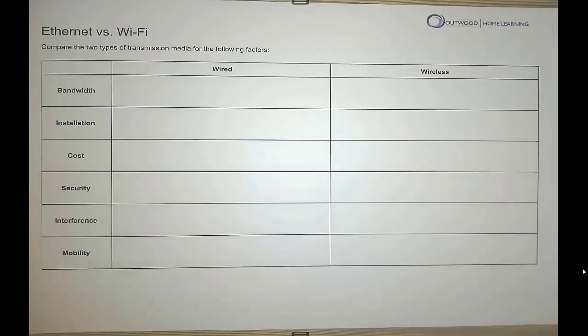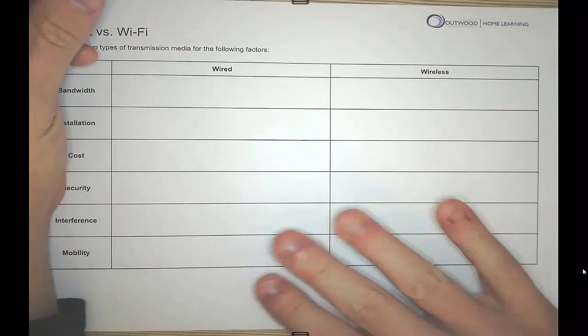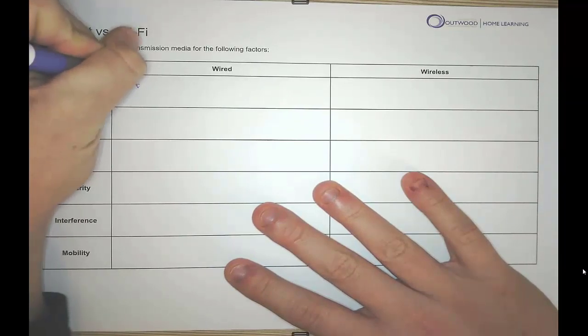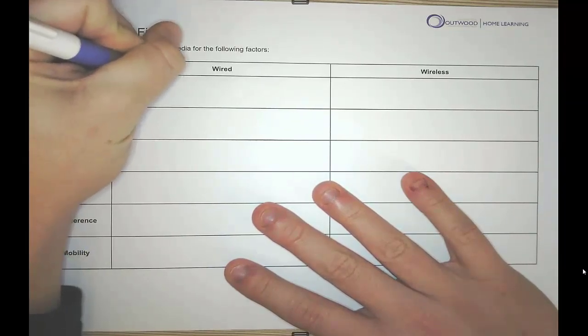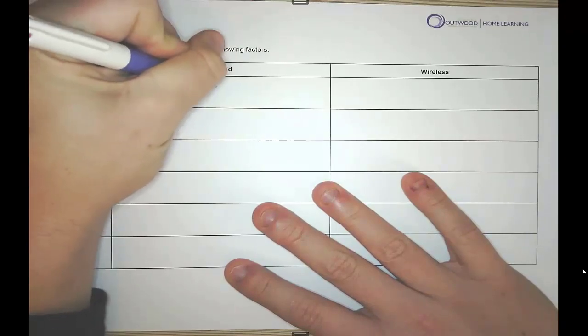Okay, so for the second task, you were to try and compare wired, so Ethernet or fibre optic, with wireless against these different factors, so bandwidth, installation cost, security, interference and mobility. So let's have a little look at that. So first of all, wired is always quicker than wireless. With fibre optic, you can get up to about 100 gigabits per second.